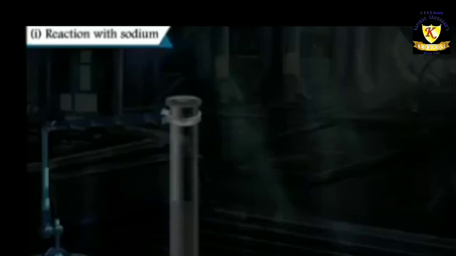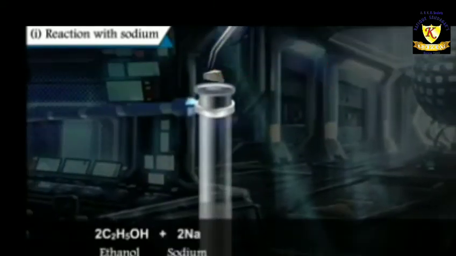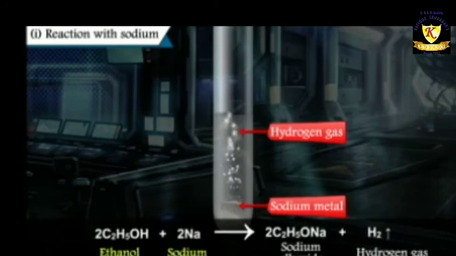Reaction with sodium: 2Na plus 2CH3CH2OH gives 2CH3CH2ONa plus H2, that is sodium ethoxide. All the alcohols react with sodium metal to liberate hydrogen gas and form sodium alkoxide salts. In the reaction of ethanol with sodium metal, hydrogen gas and sodium ethoxide are formed as products.